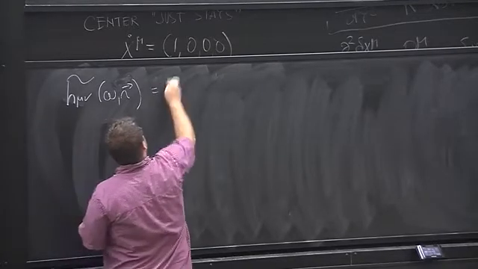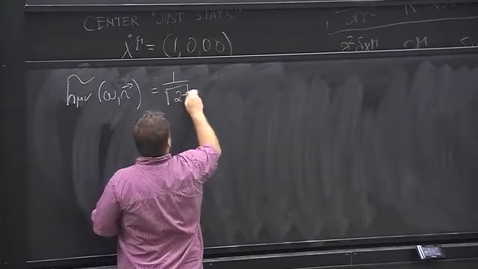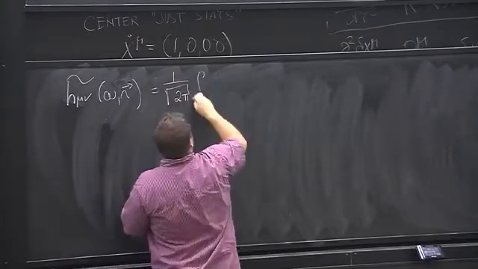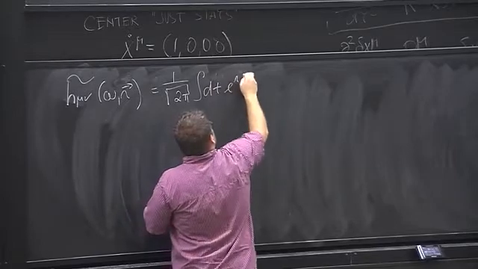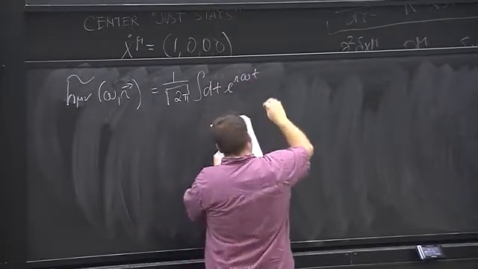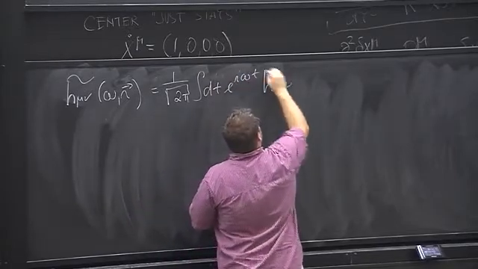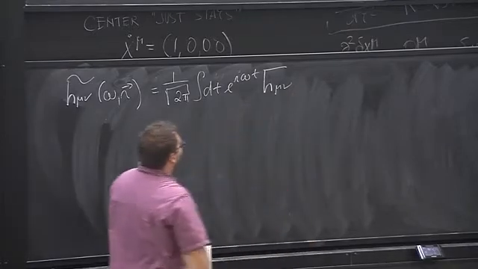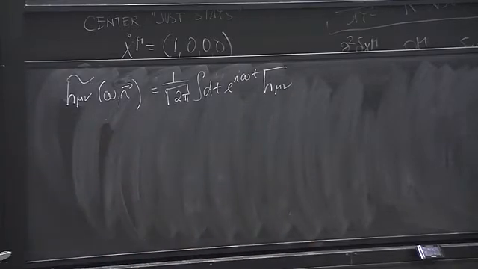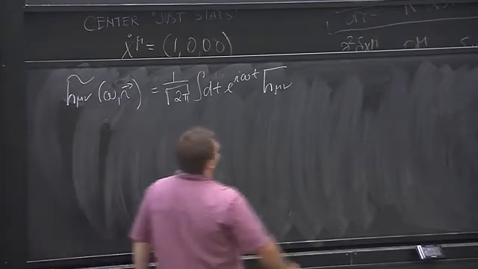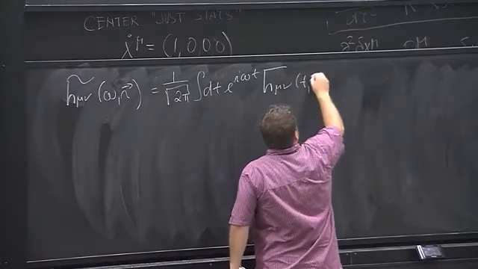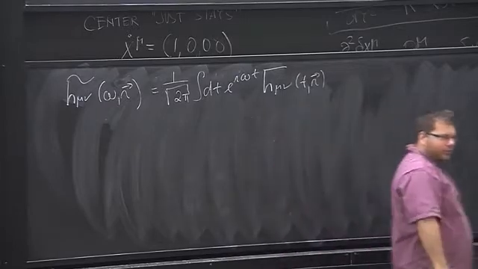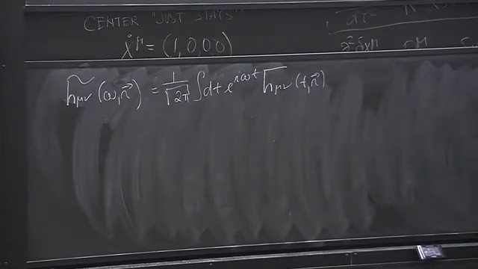So it's 1 over square root of 2 pi, and then dt e to the I omega t and h mu nu bar of t and r. Okay, so that's just the Fourier transform of my solution here.